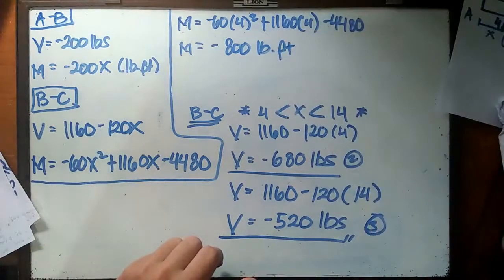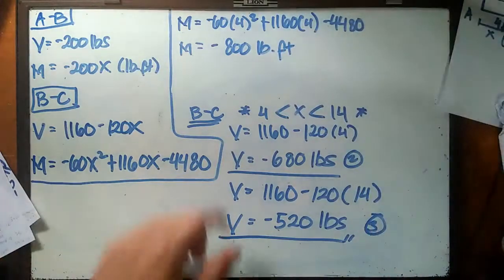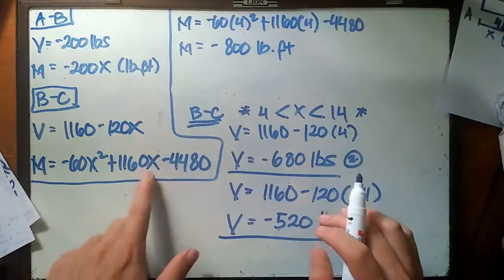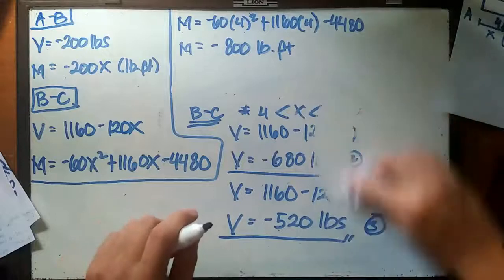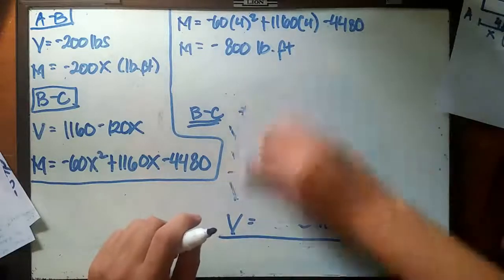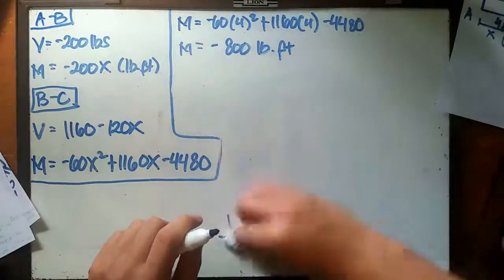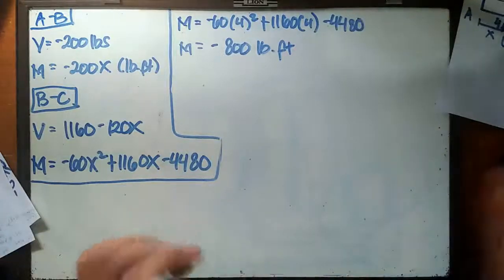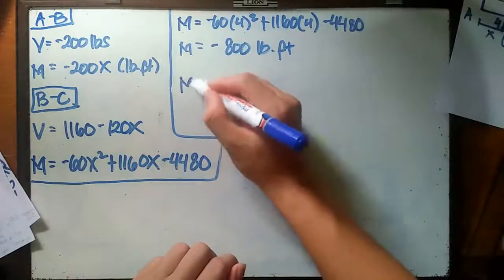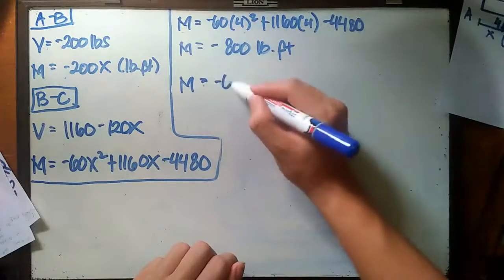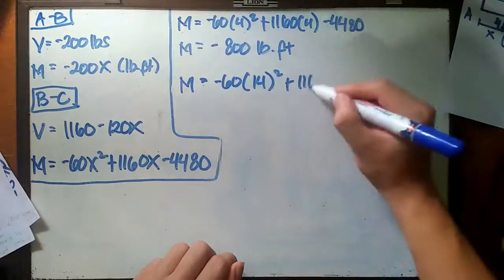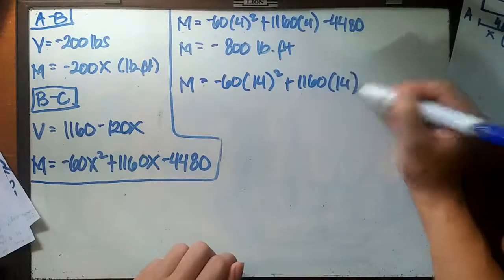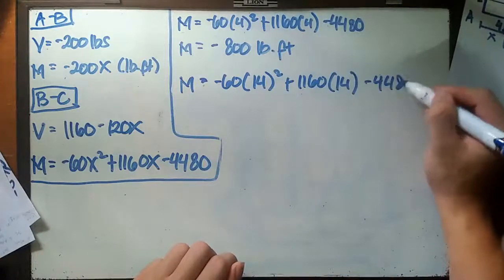And the next step that we are going to do is to replace x by 14. I'm going to remove this. Replacing x by 14, negative 60 multiplied by 14 squared plus 1160 multiplied by 14 minus 4,480.